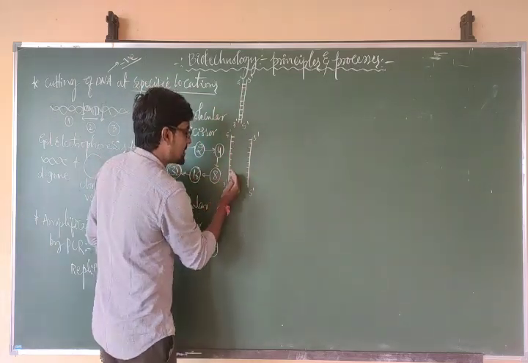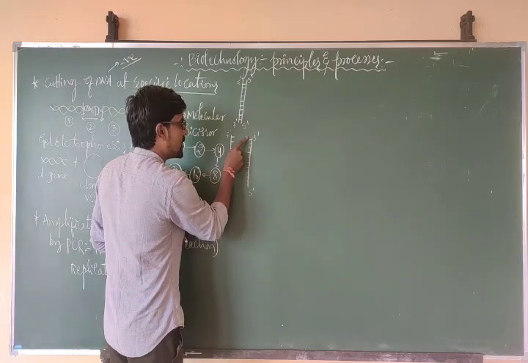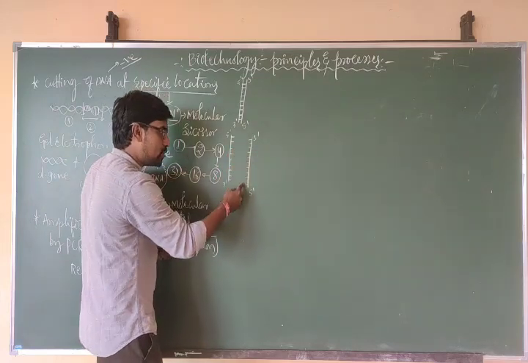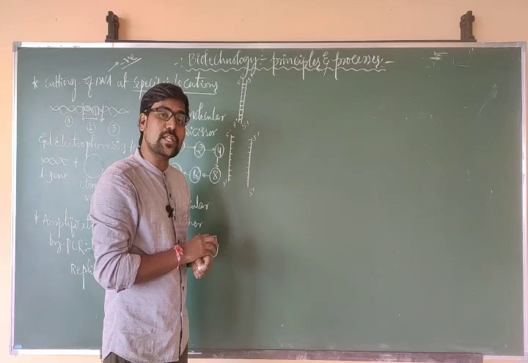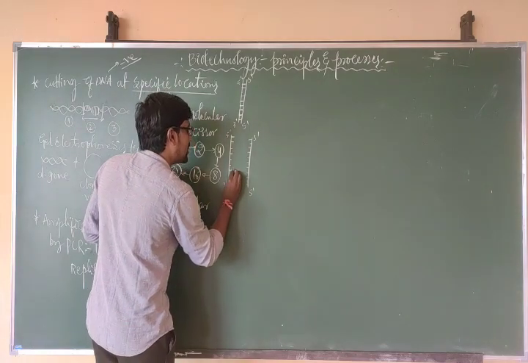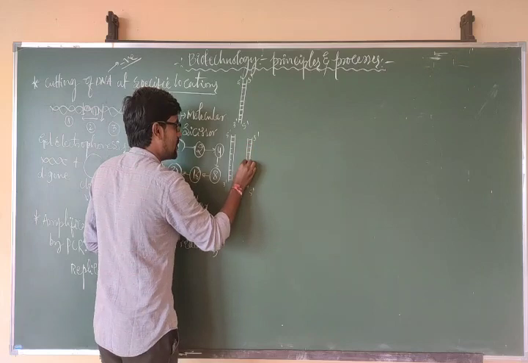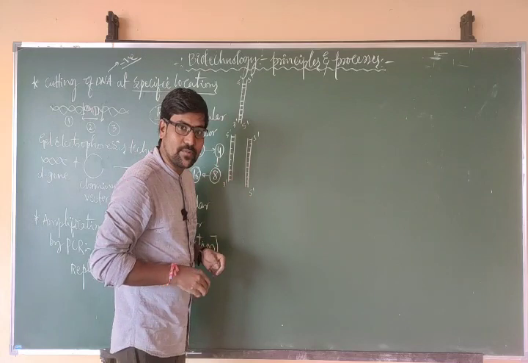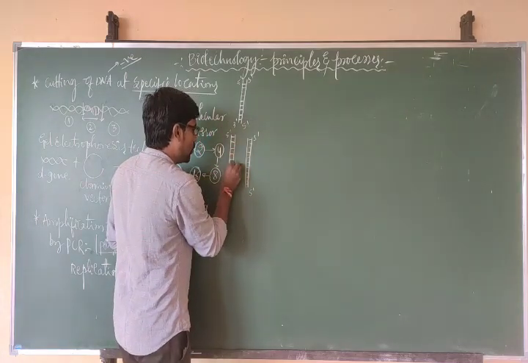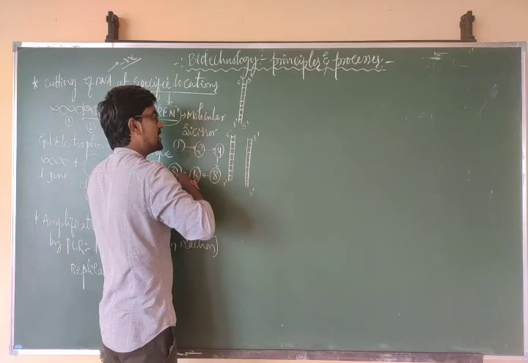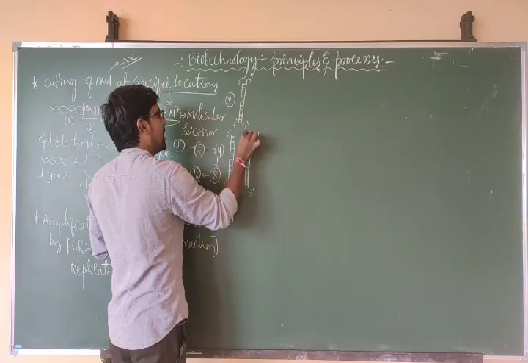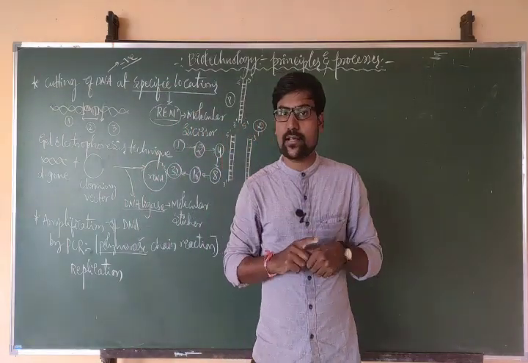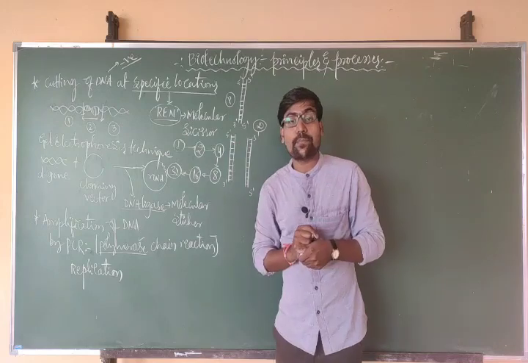Now on each single strand, one new strand should be produced, here one new strand and here one new strand. After the production of two new strands, two DNA copies are formed. Now this is the parental DNA and these are daughter DNAs. From one DNA we got two DNAs, and the whole process is replication.